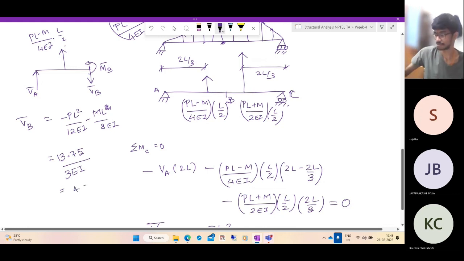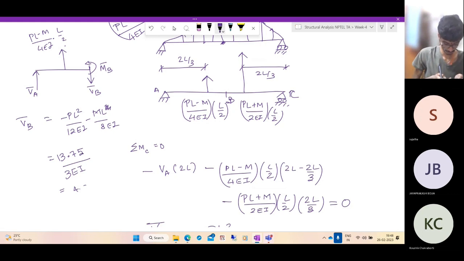Let me find out. It is 13.75 by 3, 4.583 by EI. So that will be the slope at the point B.